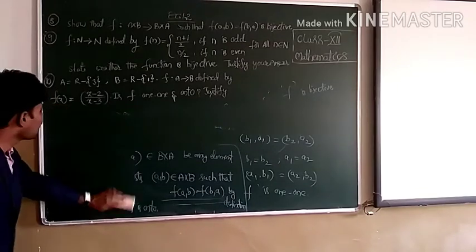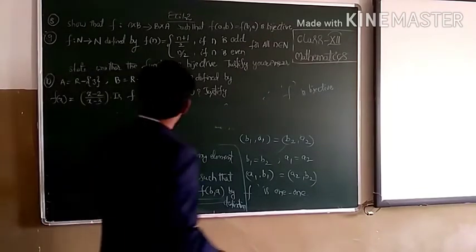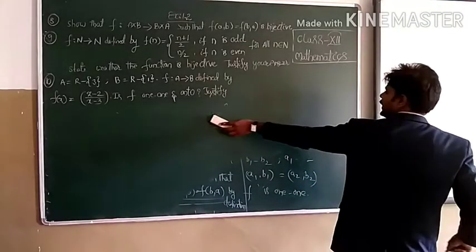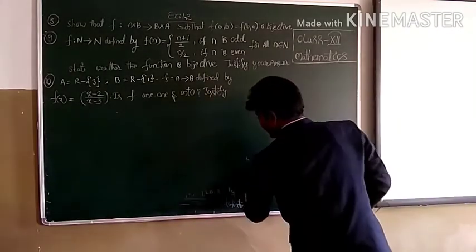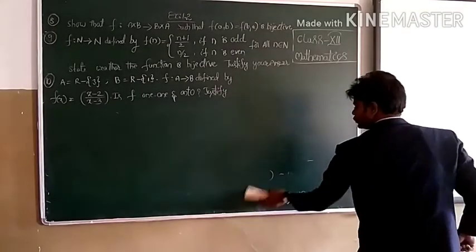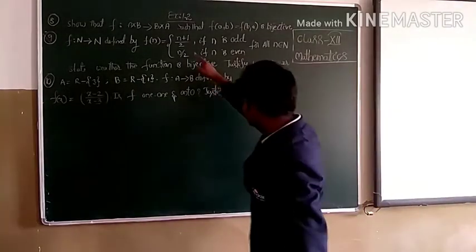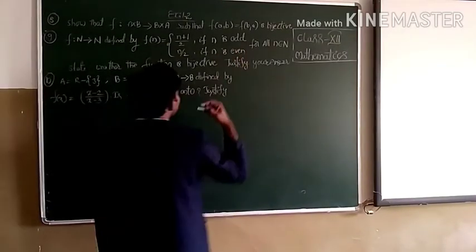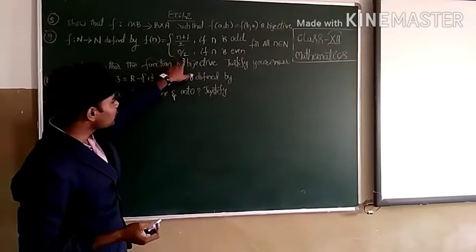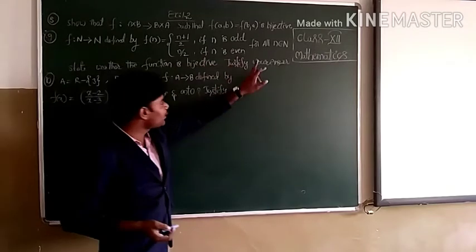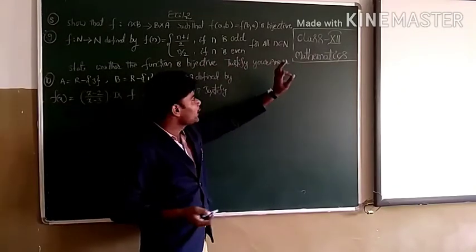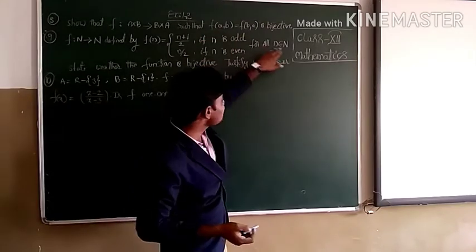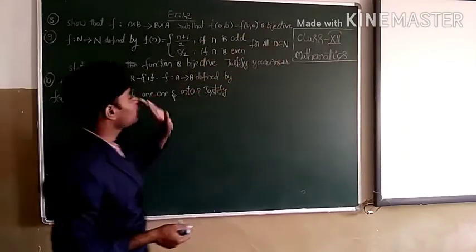So here the ninth problem is: let the function f: N to N, and f(n) = (n+1)/2 if n is odd, and one more case, n/2 if n is even, for all n belongs to N. This small n always represents natural numbers only.